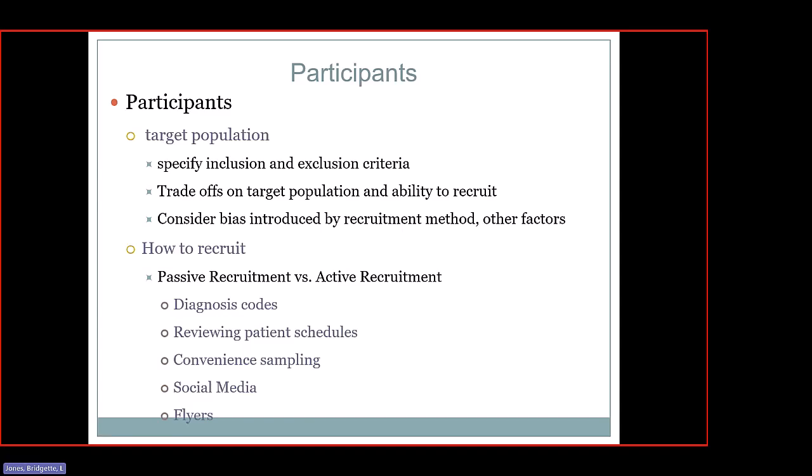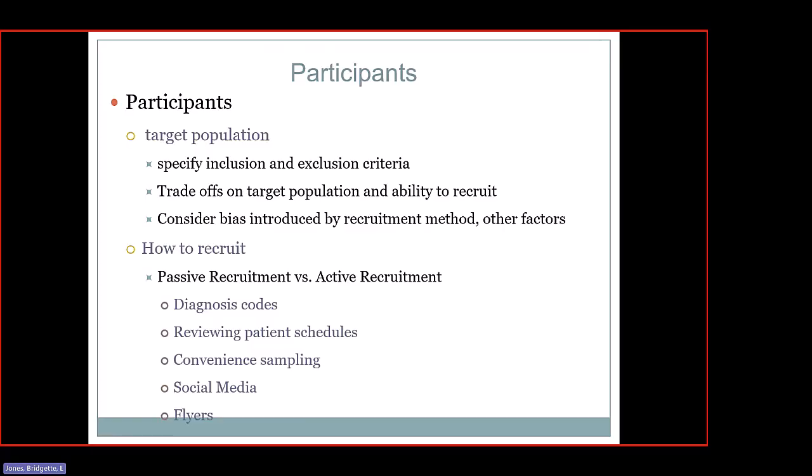Would you want to exclude kids with certain other diagnoses if you're looking at asthma as an outcome? You'll need to specify your inclusion criteria, who can be in your study, and who should be excluded because they might introduce some bias or confounders into your study.